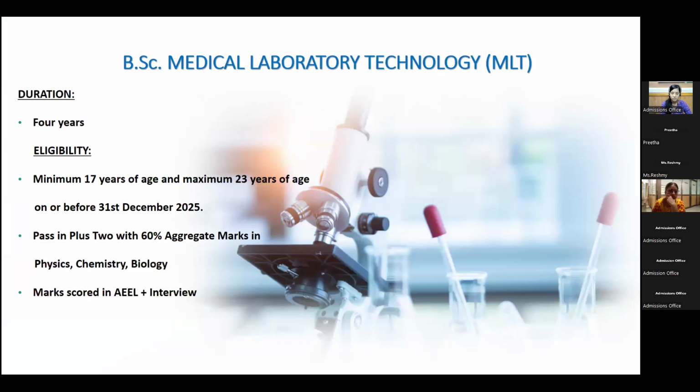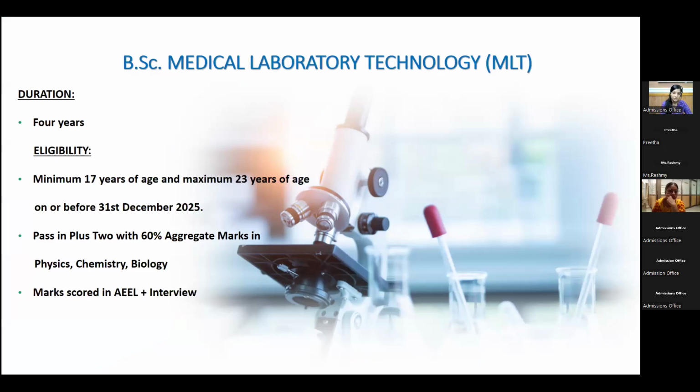B.Sc MLT is a 4-year course. On eligibility, the candidate should have attained a minimum of 17 years and a maximum of 23 years of age on or before 31st December 2025.